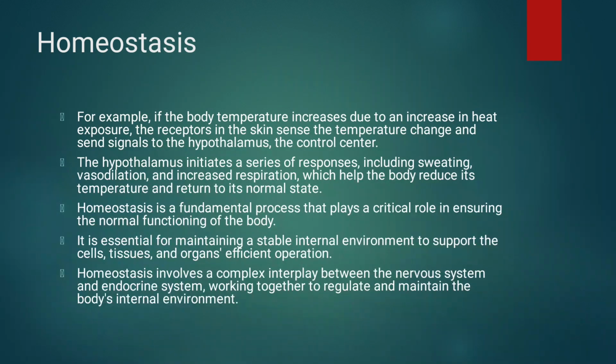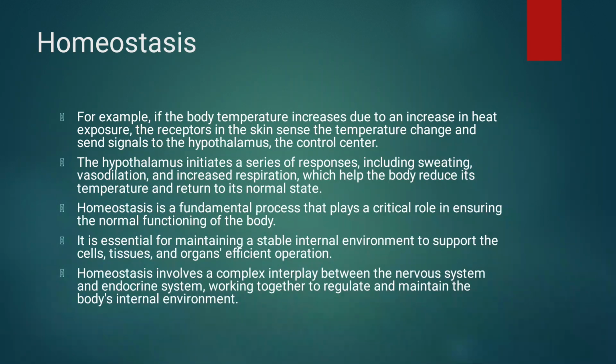For example, if the body temperature increases due to heat exposure, the receptors in the skin will sense the temperature change and send a signal to the hypothalamus, the control center. Then the hypothalamus will initiate a series of responses including sweating, vasodilation and increased respiration.